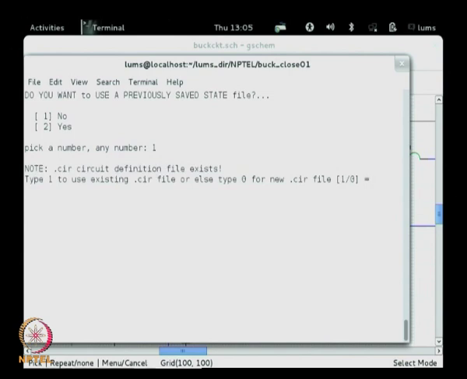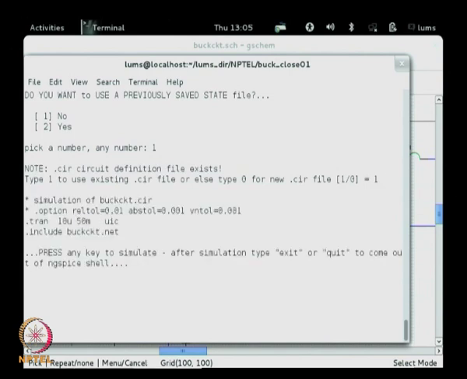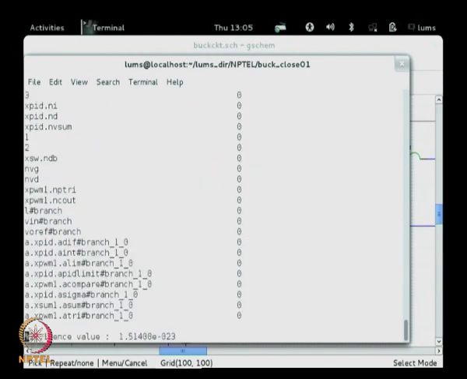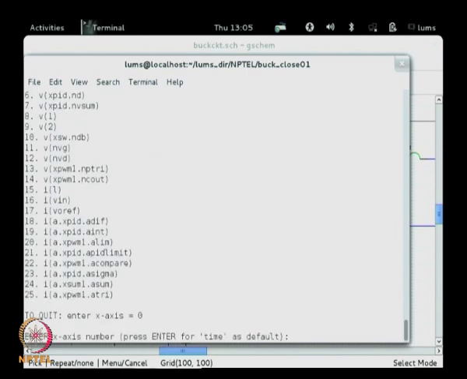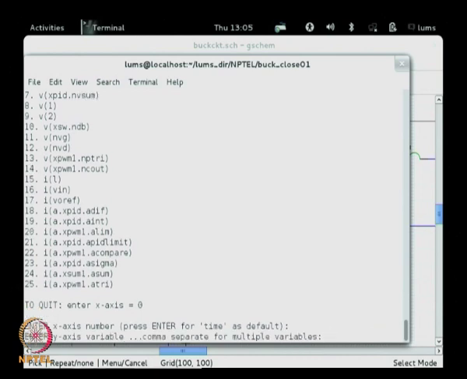And I could use the old values of transient analysis, ask ngSpice to simulate. ngSpice will simulate and put the data into a raw file, and then we are ready to view the outputs. So, we would like to view time and the voltage across the output capacitance.